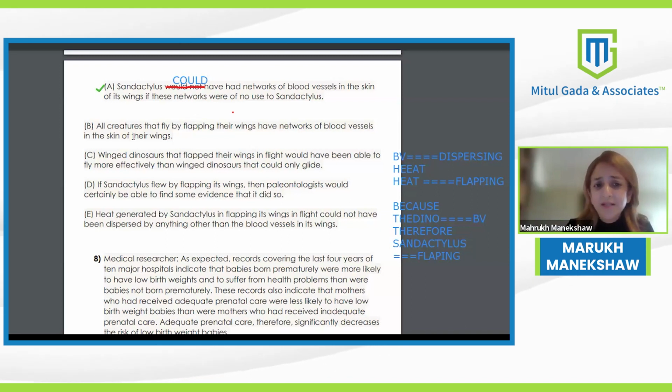Let's see what B says. All creatures that fly by flapping their wings have networks of blood vessels in the skin of their wings. We have only hypothesized and concluded about the dinosaur. That does not necessarily require all creatures that fly by flapping to have blood vessels.